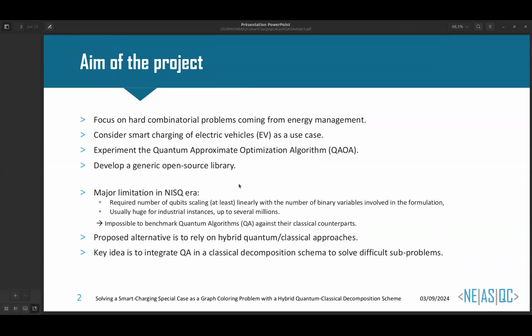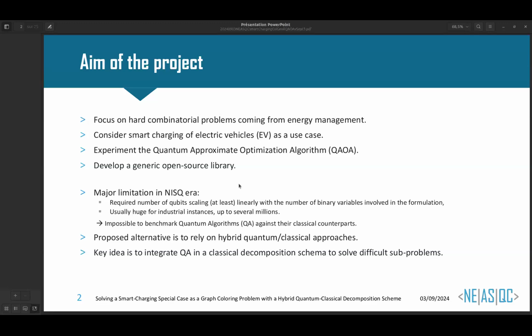The aim of the project was to focus on hard combinatorial optimization problems coming from energy management, due to EDF, of course. Here we concentrate on the smart charging of electric vehicles as a use case, especially because of the increase of electric vehicles, which makes a great application for large-scale combinatorial optimization problems we need to solve at large scale.